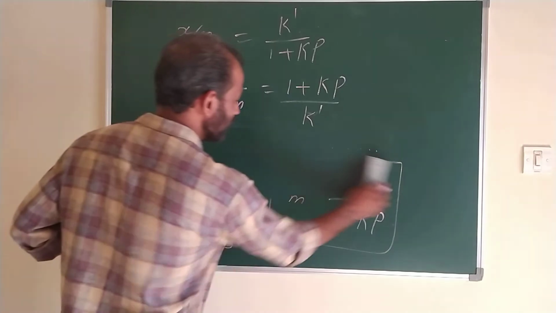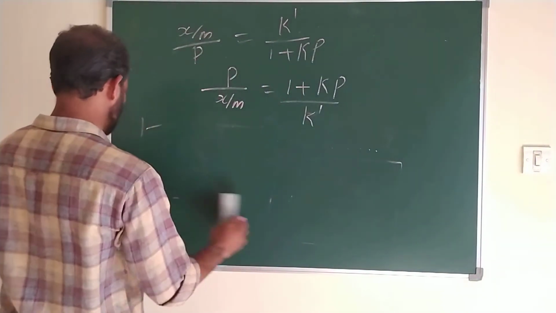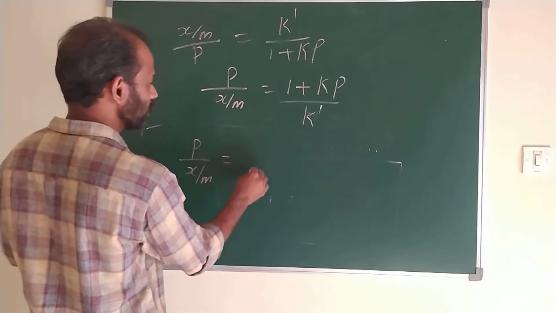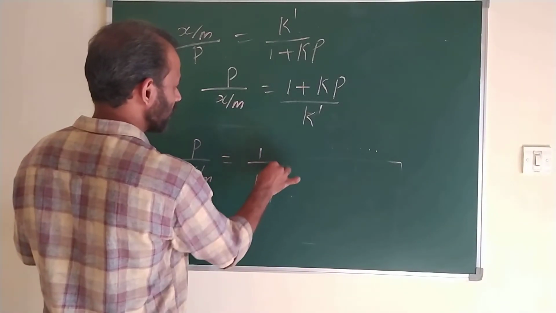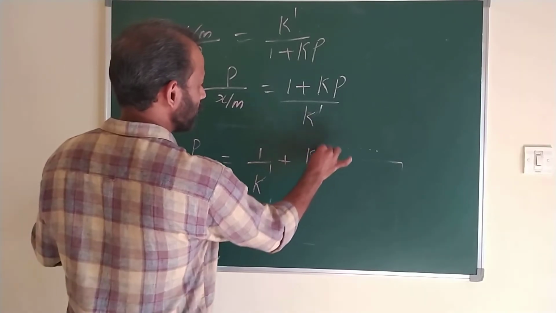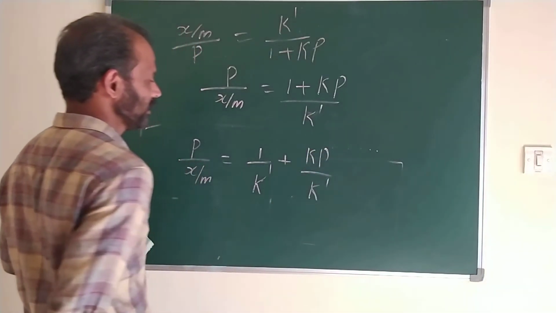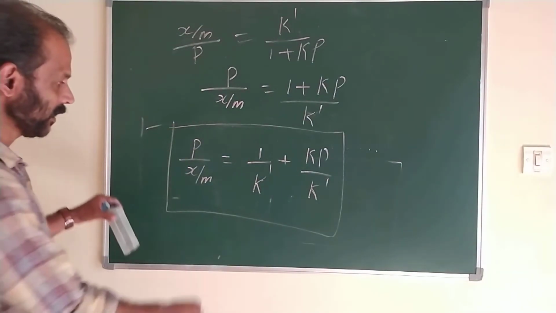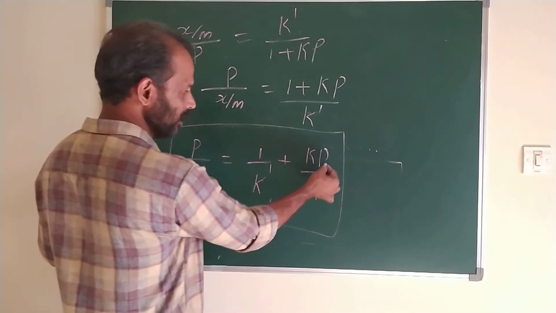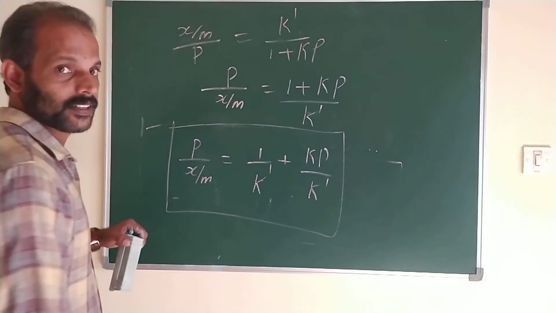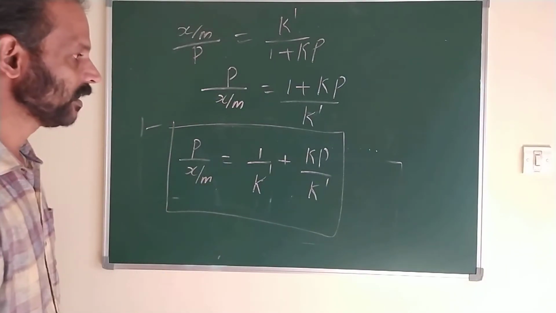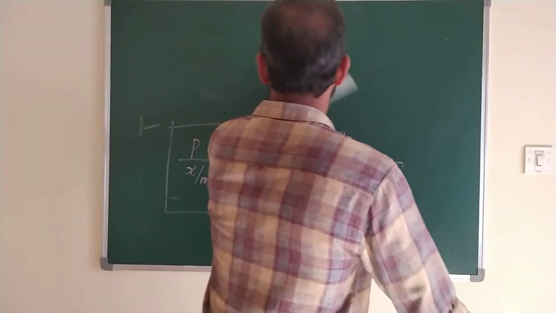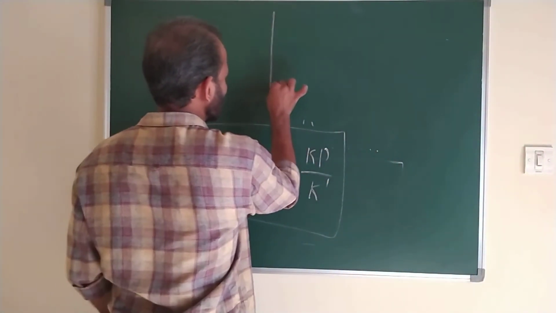or we can write this as p divided by x by m is equal to 1 by k dash plus Kp by k dash. This is another expression of Langmuir adsorption isotherm, and a plot of p by x by m against p gives a straight line.